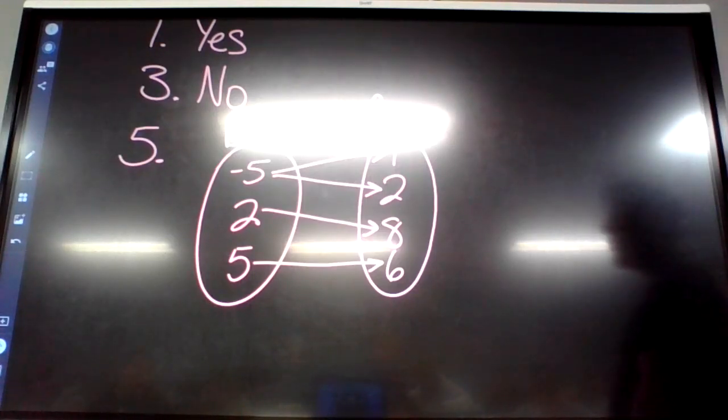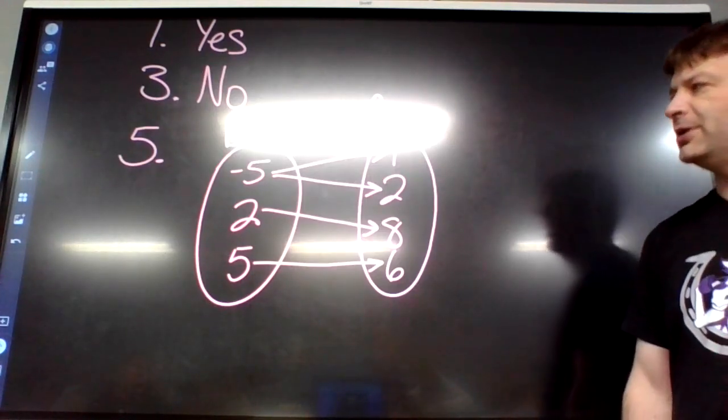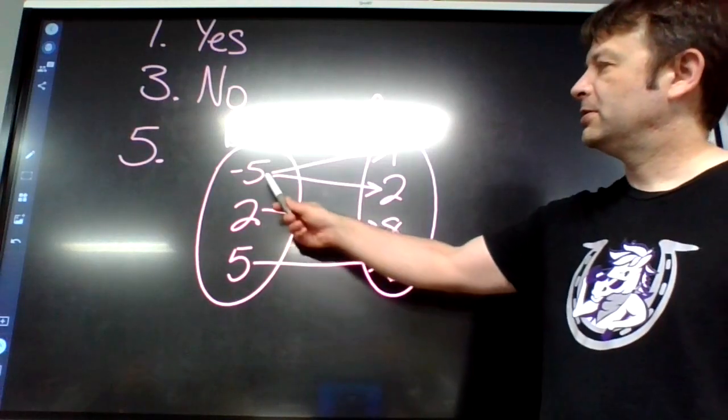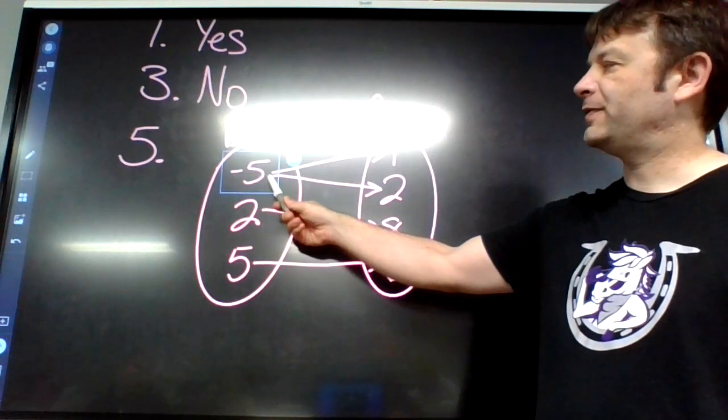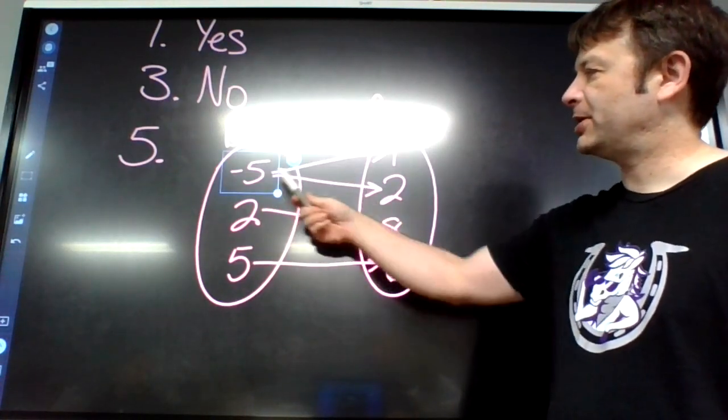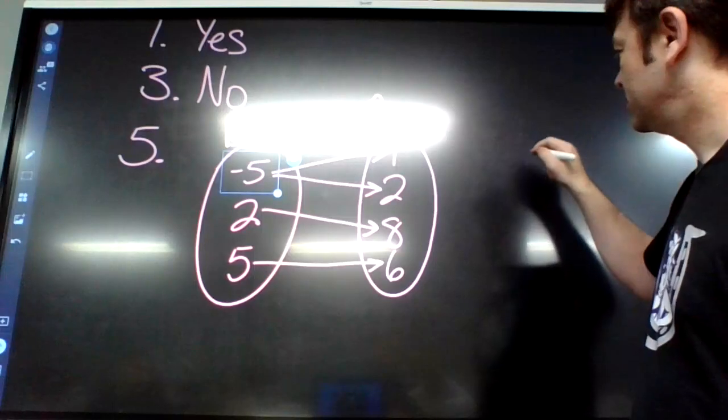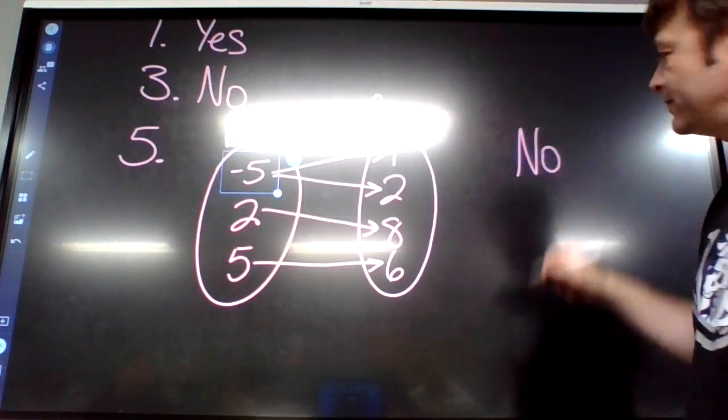Okay, is it a function? No. Why not? Because -5 is going to 2 numbers. Right. You can't do a repeat here. It can only be used once. So, no, it is not a function.